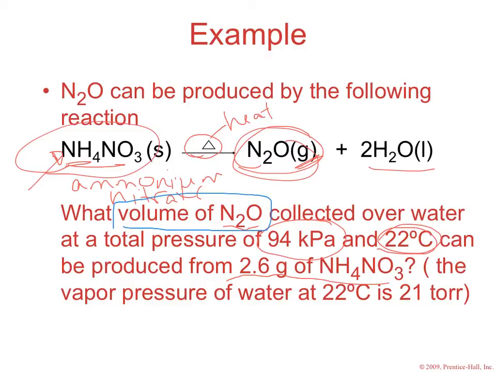So I don't want you to get so overwhelmed with the pressures and other information. And so what I would do as always is weed through all this information, and I would start with the given, which is the amount of the reactant you started with. I would start with that and convert this to moles, and then hopefully to volume of N2O before I did anything else.